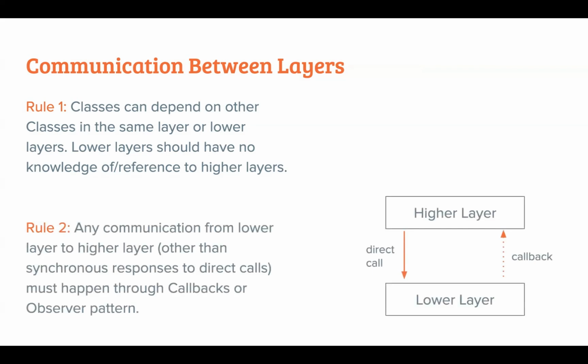Rule number 2. Any communication from lower layer to higher layer must happen through callbacks or the observer pattern. The only exception to that is when the lower layer is responding to a direct call from the higher layer. The reason for this is to reduce coupling between the layers.